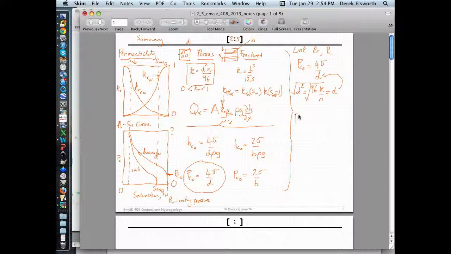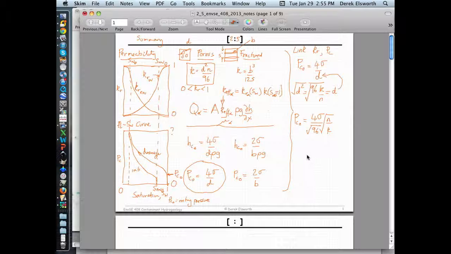And so if we do that, we end up with PC0 is equal to 4 times the interfacial tension, and we have square root 96, and we'll have K over porosity, all square root. So capillary pressure should be inversely proportional to the square root of permeability. Porosity doesn't vary very much, so we don't care. And it should be directly proportional to interfacial tension.